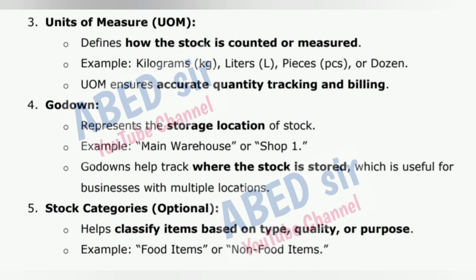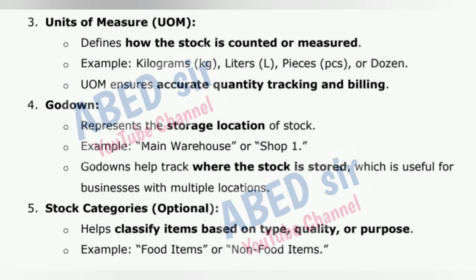3. Units of measure, UOM. Defines how the stock is counted or measured. Example, kilograms, kg, liters, L, pieces, PCs, or dozen. UOM ensures accurate quantity tracking and billing. 4. Godown. Represents the storage location of stock.